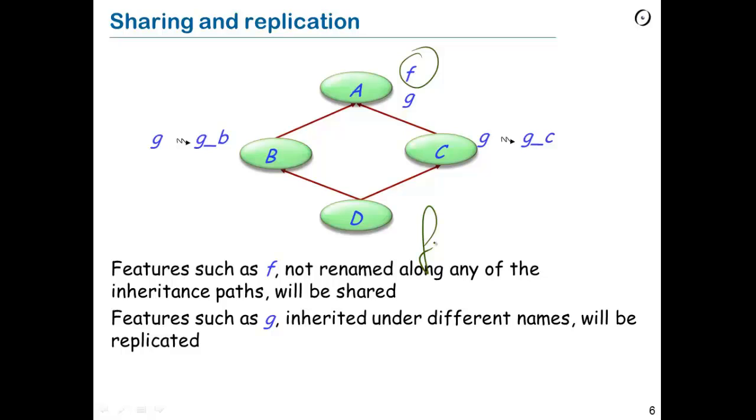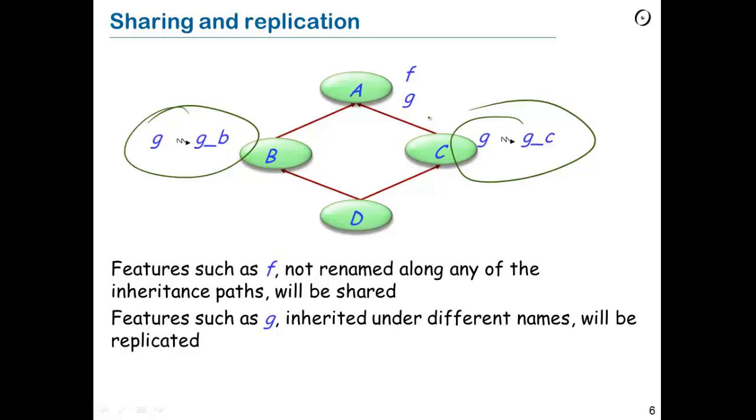Any feature not renamed along any of the inheritance paths will be shared. Shared meaning there's only one feature. On the other hand, G is inherited under two different names, and so it should correspond to two features. It's always the same thing: this very general and simple idea that to one name there should correspond at most one feature in a class.